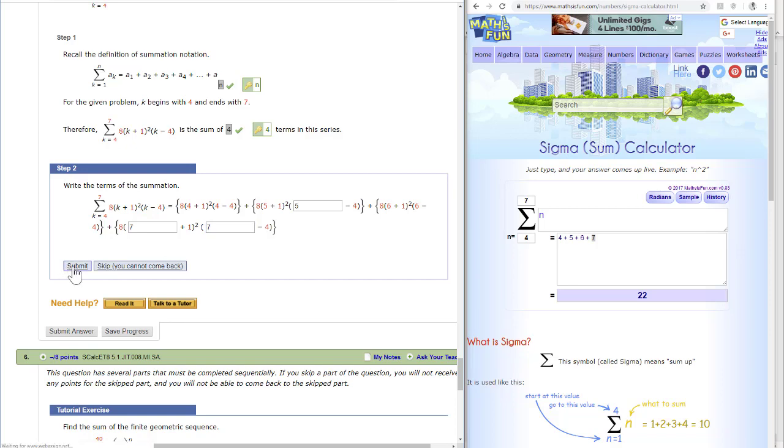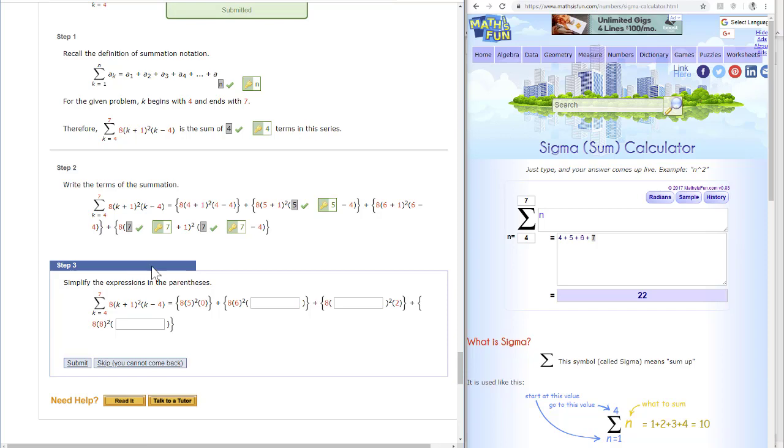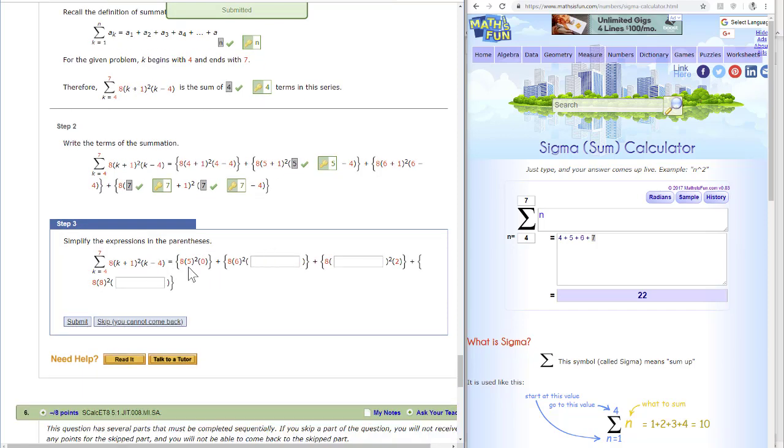All right. So now let's add them all up, I guess. So here they simplify things. They got a 0 here. They figured out that within the square term over here, there's a 6 when k is equal to 5.